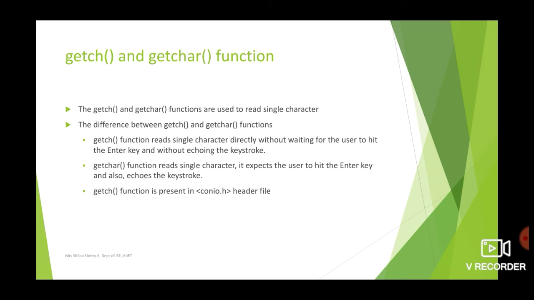Usually whenever we type something on the keyboard, it will be visible on the monitor, right? Here, if the entered character is A, then that will not be visible on the monitor. That means it does not get echoed on the screen.